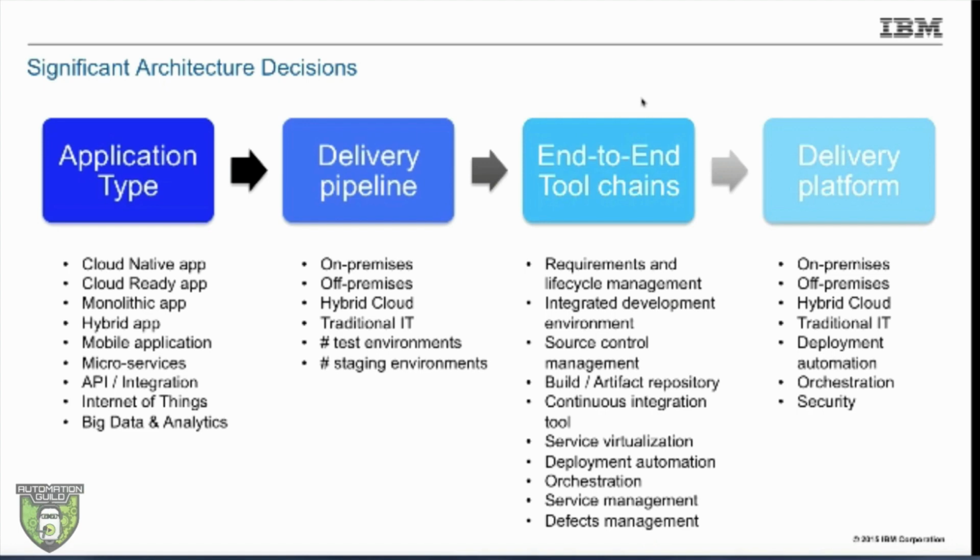Is it already existent and a monolithic app so that you already have a set of function and a set of capabilities that you're dealing with? Are you working in a hybrid environment? Most people will be. Do you have a mobile front end? Many people do. There are maybe some applications that don't, but many do.